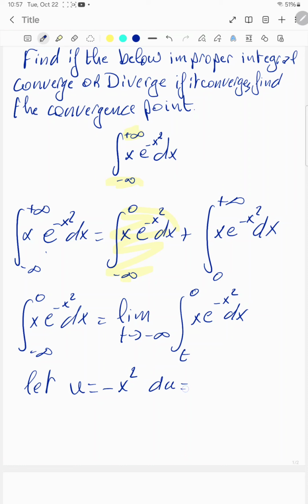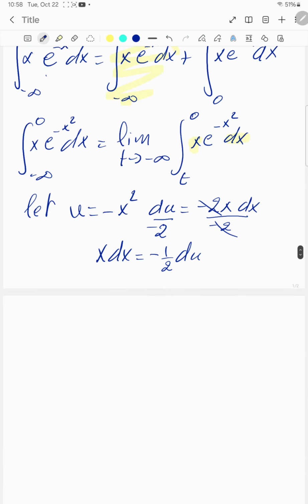So my du is equal to minus 2x dx, but in my integral I have x dx. I don't have minus 2x dx, so all I have to do is divide both sides by minus 2. So I can simplify the minus 2 on the right hand side. I would have x dx equal to minus 1/2 du.